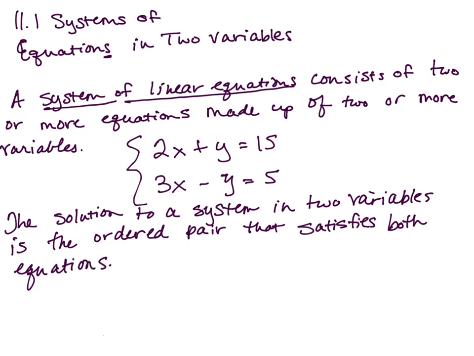The solution to a system in two variables is an ordered pair that satisfies both equations. An ordered pair. So it's a location thing. It tells you what x and y are that would make both of these equations true.